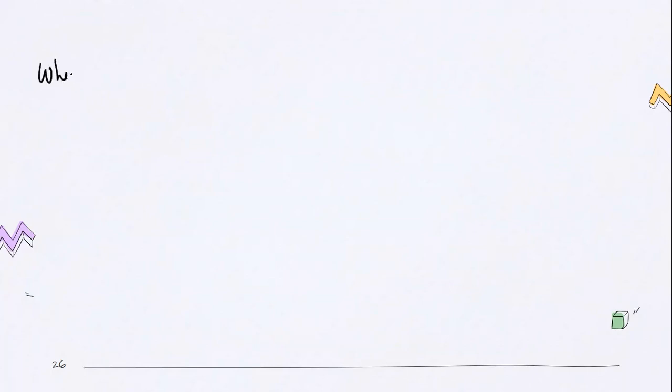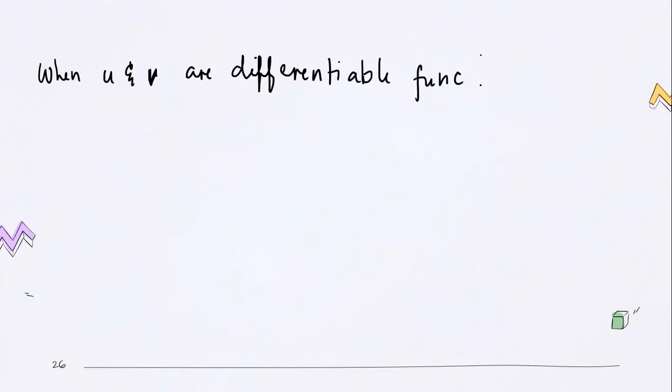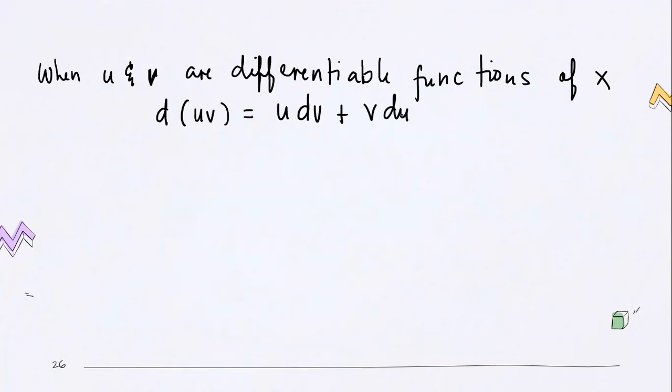When u and v are differentiable functions of x, we have the derivative of uv is equal to u dv plus v du.